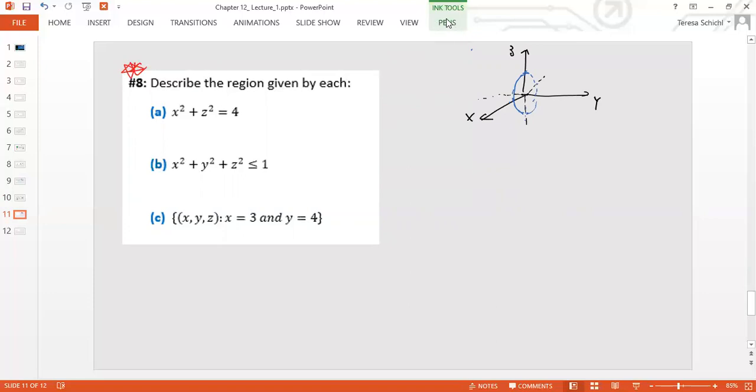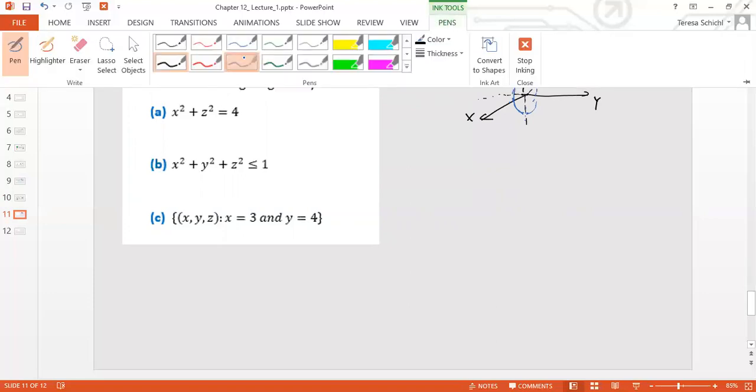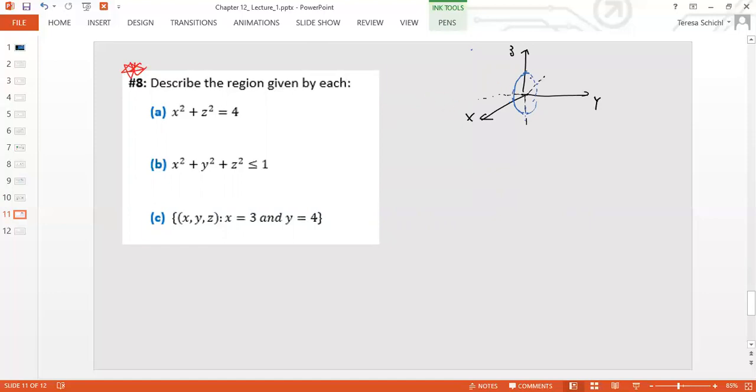The y value can be everything, right? So y can be anything, can go like this, can go like this. So what is this graph? It's a cylinder, right?